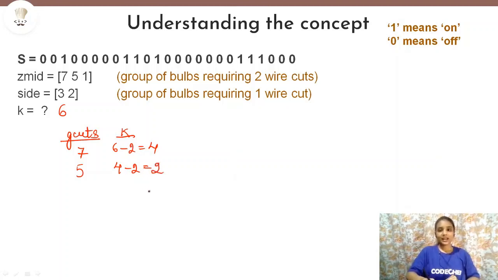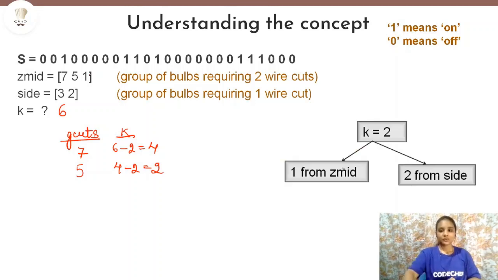Now when k has reached 2, we have two options. Either we can select 1 0 group from Z mid directly, but it will not always ensure that we have maximized our G cut.